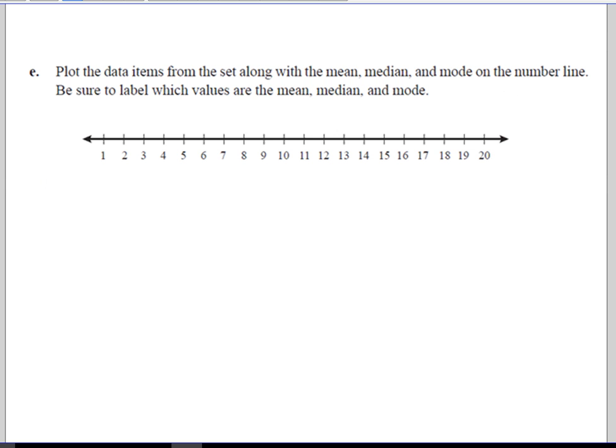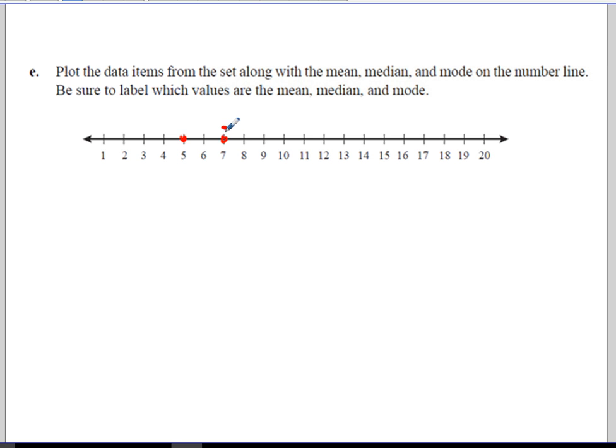Now it's asking us to do a visual representation of our numbers, and it says to plot the data items for the set along with the mean, median, mode on the number line. And so let's go ahead and put our dots on here. We had a 5 and we had a 7 twice.